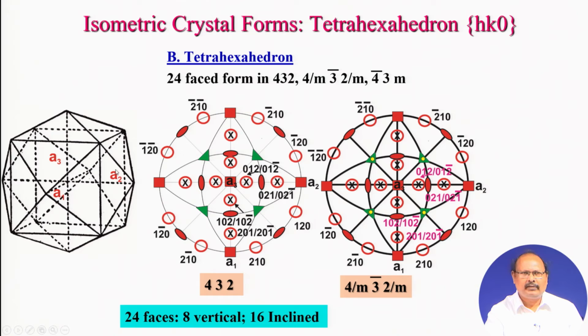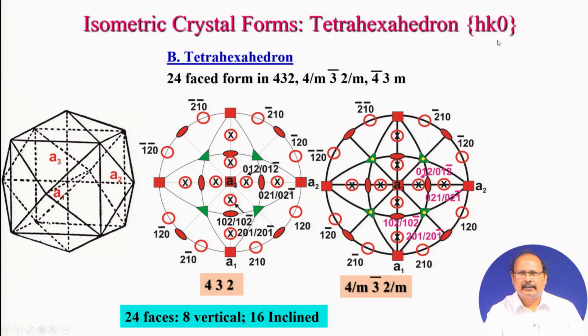So, 6 such original cubic faces will give rise to 6 into 4, 24 faces here, and this kind of tetrahexahedron will be present not only in 4 3 2 and 4 over m bar 3 2 over m, and you can also study on your own in the point group of symmetry bar 4 3 m.